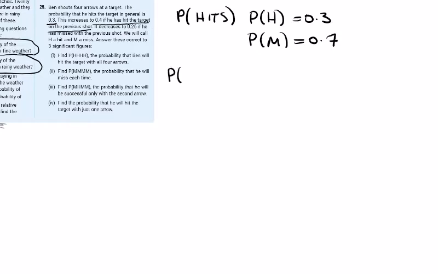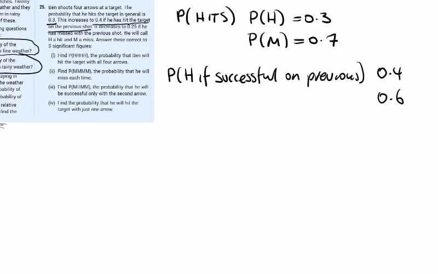So the probability of a hit, if successful on previous, is 0.4. So the opposite of that is 0.6, the probability that he misses if successful on previous. Then it decreases to 0.25 if he's missed.